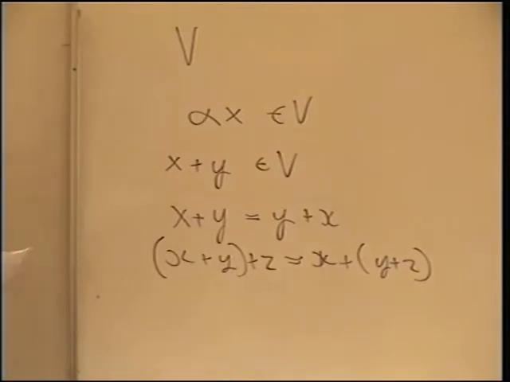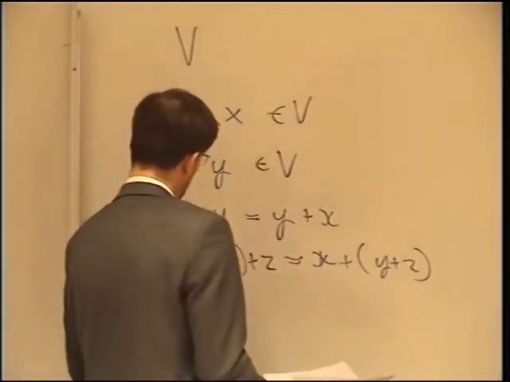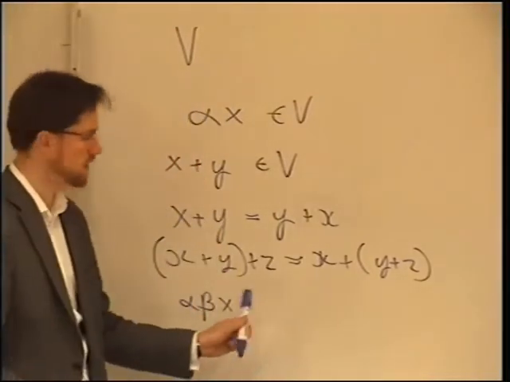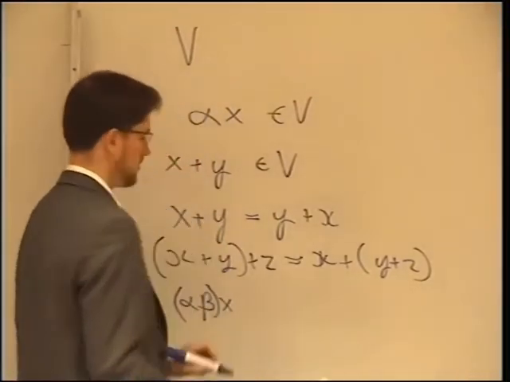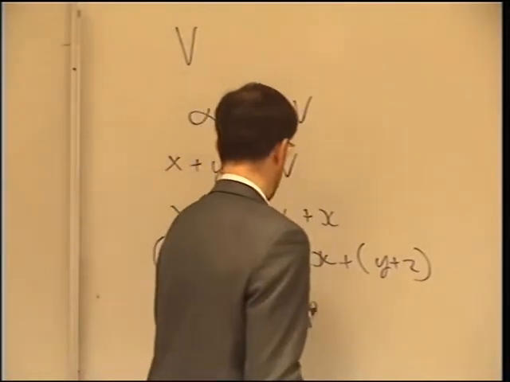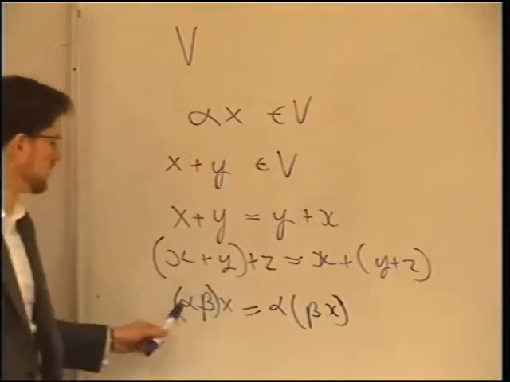And I get similar rules for the scalars. So it has to be the case that alpha times beta times x, where I've done them from left to right, is the same as alpha times beta times x done the other way. That's a slightly less obvious operation.